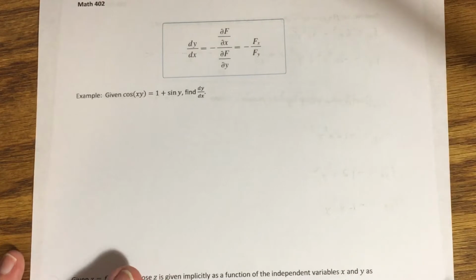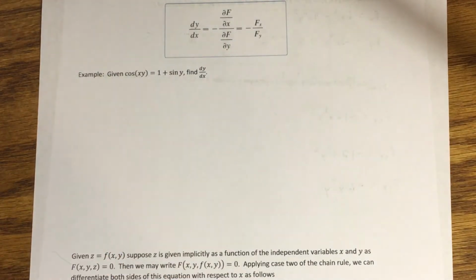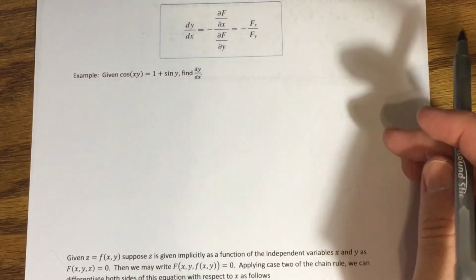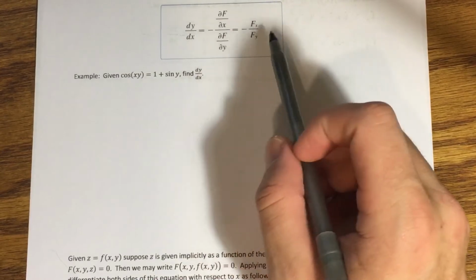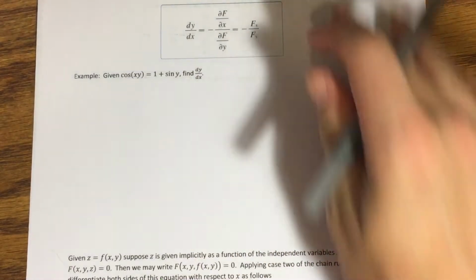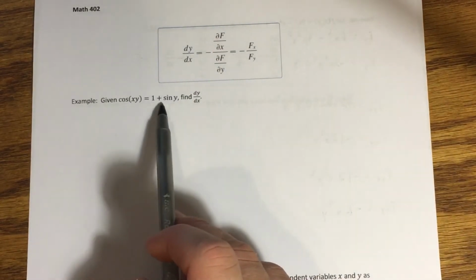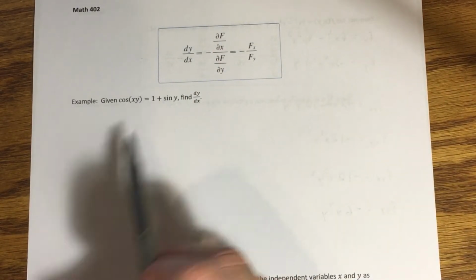Now you can try and do this using the Calculus 1 technique where you differentiate both sides with respect to x, and it's doable, but we want to try using this thing called the implicit function theorem. So first of all, this capital F here in the implicit function theorem is f of x, y. It's what I get if I move everything over and get a 0 on the right-hand side.